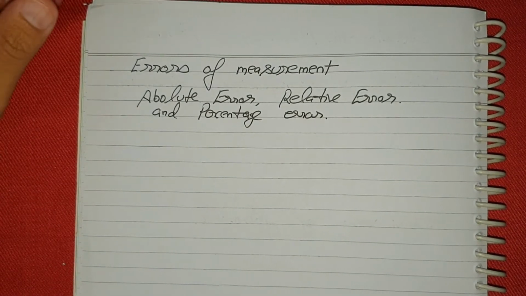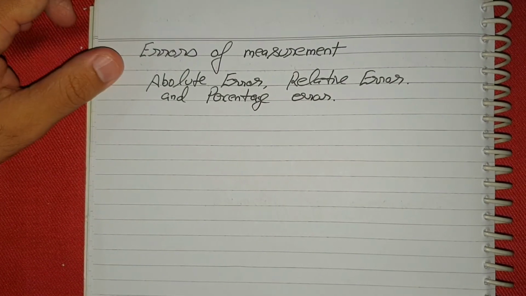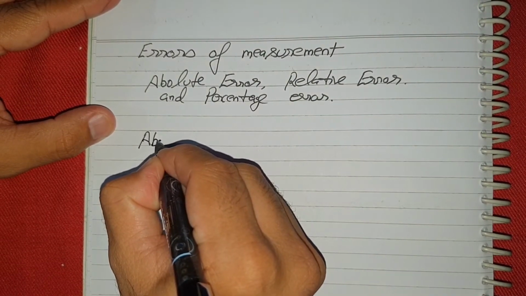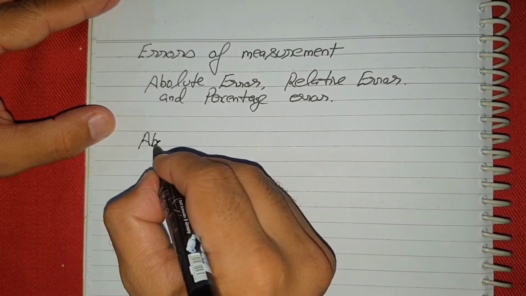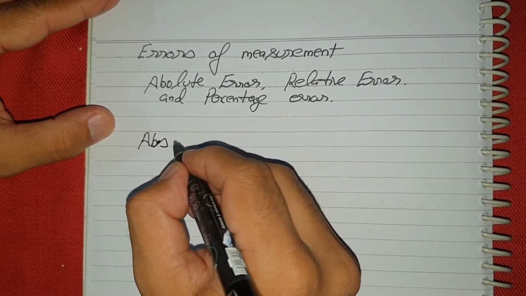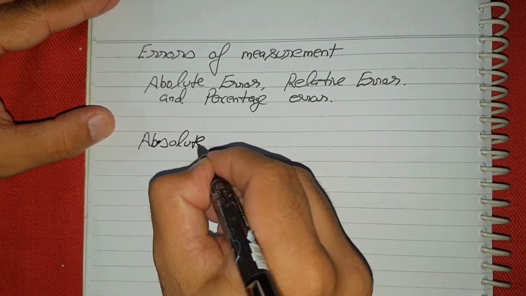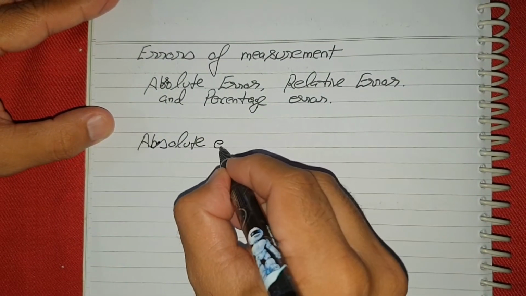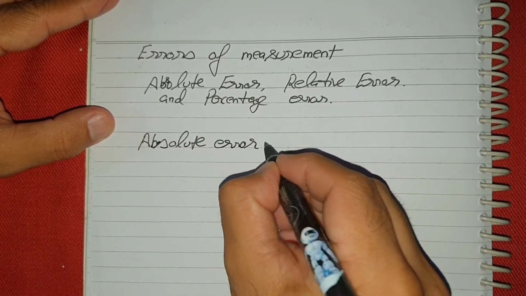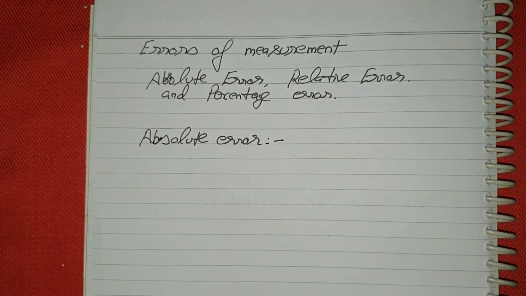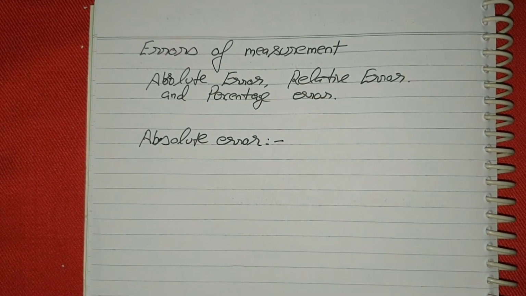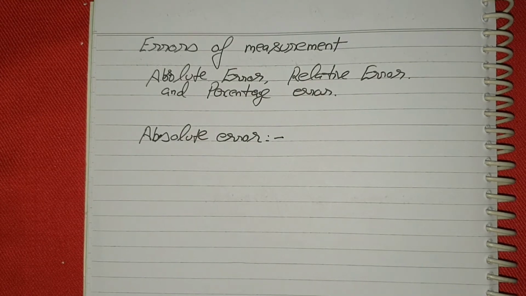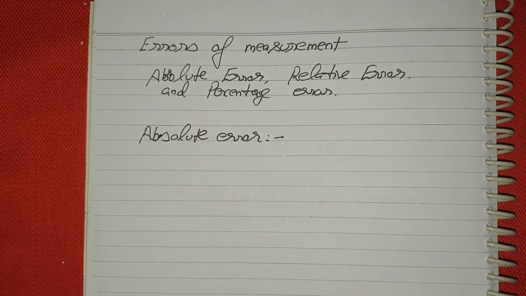Now, starting with the absolute error. Absolute error of a measurement of a physical quantity is the magnitude of the difference between the true value and the measured value of the quantity.